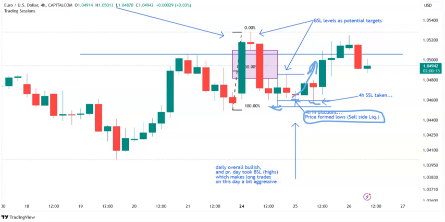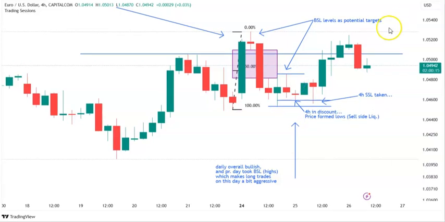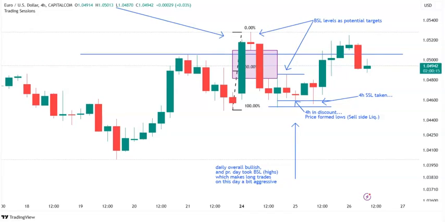Now to the upside, what we saw as a potential target was this 4-hourly high, buy side liquidity level, and also the high from the previous day and also the major high up here. So with potential long trades, you could target that level, and also later on those highs up here.